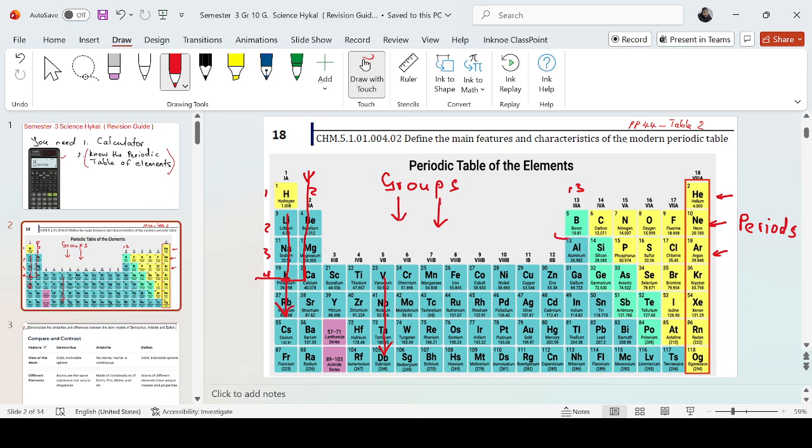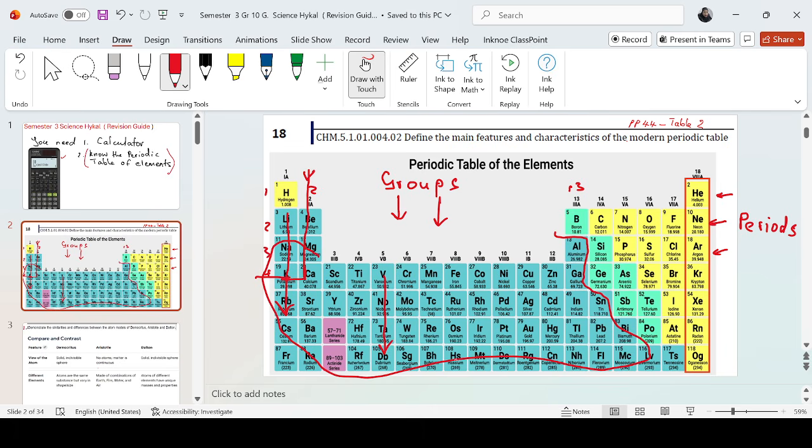Then let's name the elements. You can see all these elements in green, these are metals. The periodic table is divided into metals on the left-hand side, and the elements in yellow, all these ones, are non-metals.